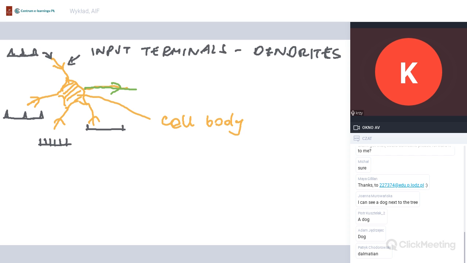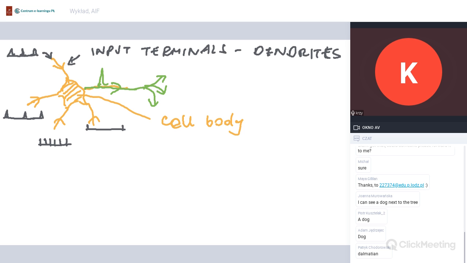And if the potential of the cell body exceeds a certain threshold, because we are accumulating a charge up to a certain threshold, if this threshold is exceeded, a neuron will fire or will generate a pulse, and it will send it to some other neurons that might be interested in communicating with this unit.